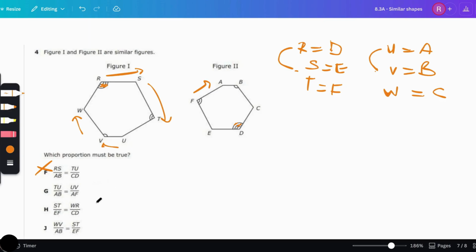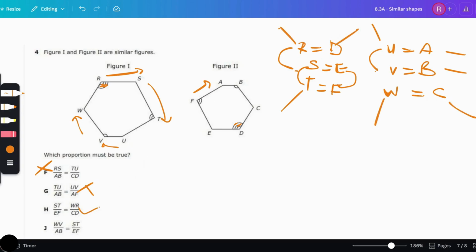The next one says TU over AB. This is TU, this is AB. They don't go together. The next one says ST over EF equals WR over CD.